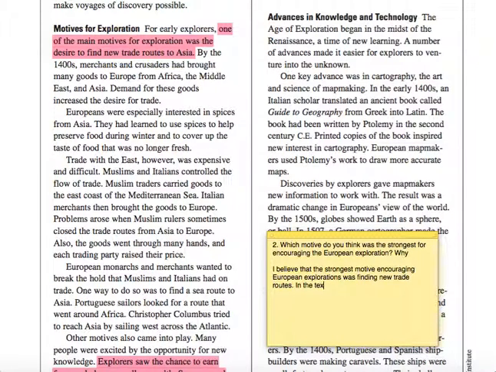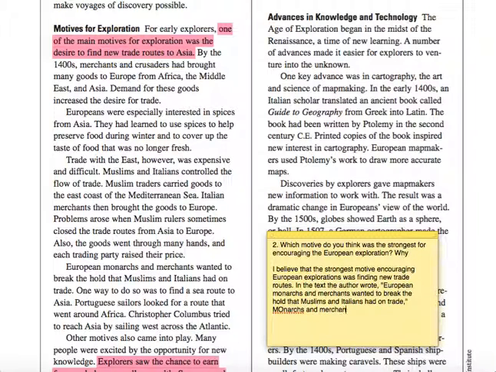So in the text, the author wrote, and I'm going to cite that sentence, European monarchs and merchants wanted to break the hold that Muslims and Italians had on trade. So I've cited my text. Now I need to explain my reasoning.